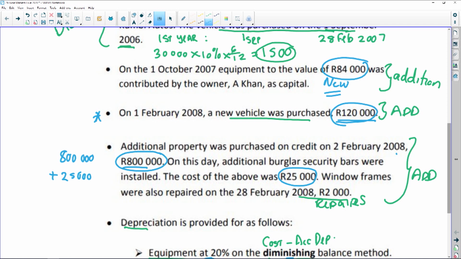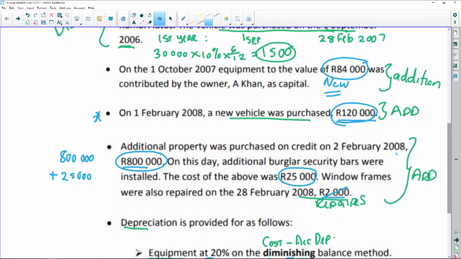Now, what about the repairs? The repairs of 2,000 Rand, remember guys, this is clearly maintenance. You are maintaining the property. So maintenance is classified as an expense, not as an asset. The window frames were there already, you're simply repairing them.